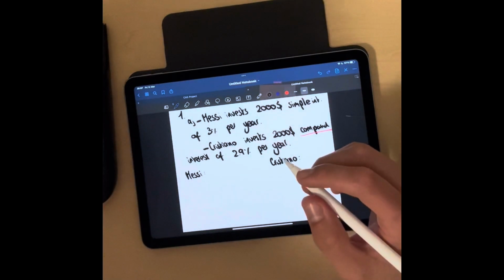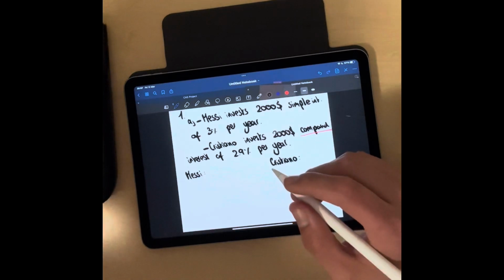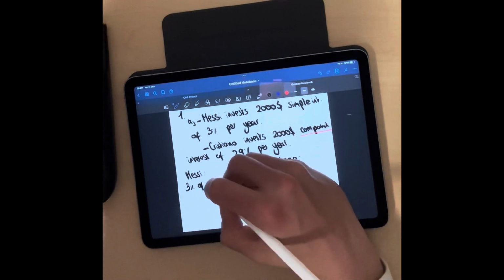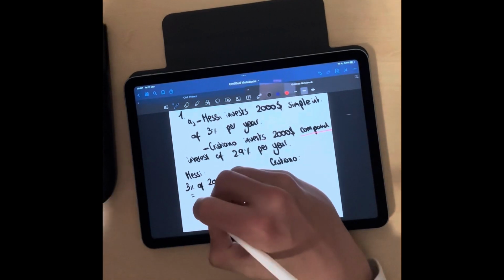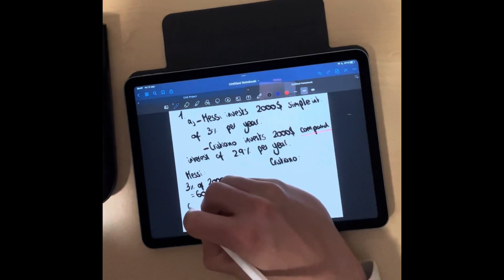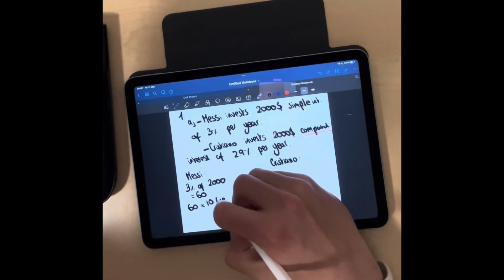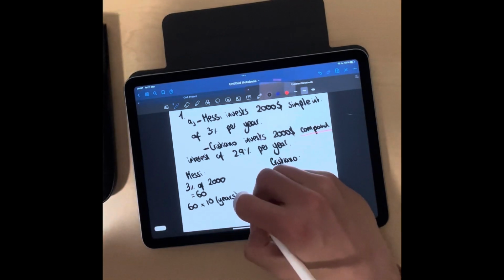So what we do is we take 3% of 2,000, which is evidently 60, and we multiply this 60 times 10 for 10 years. We'll just write it here, which equals 600.